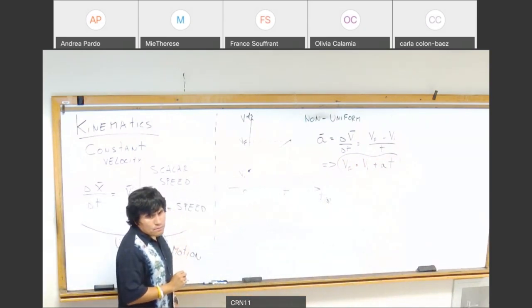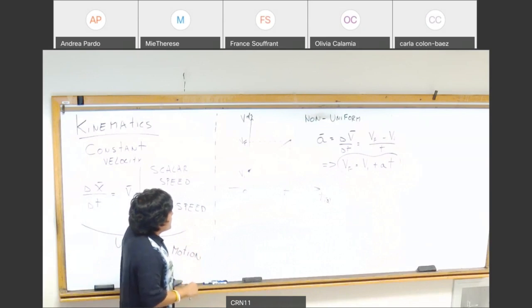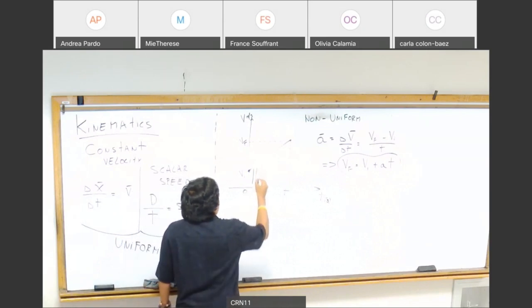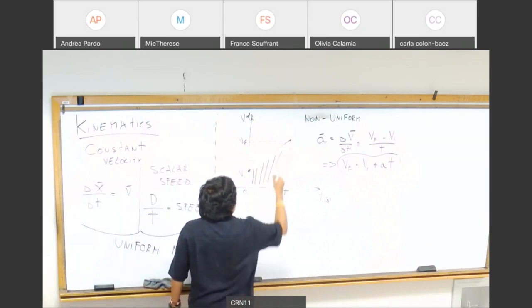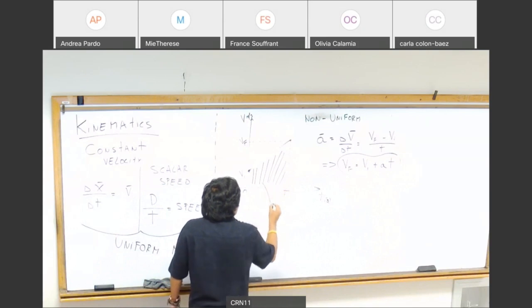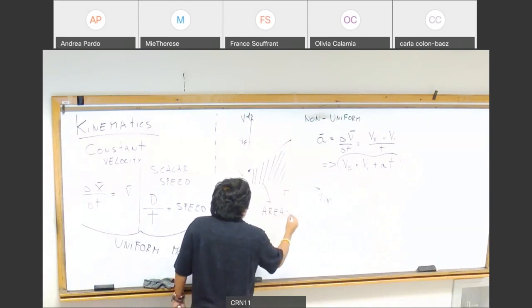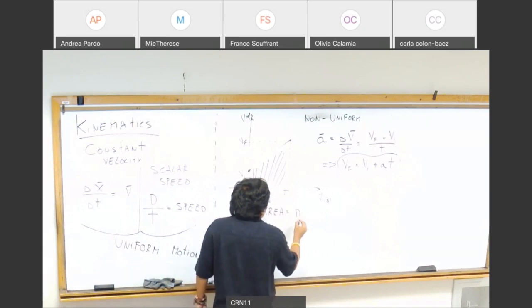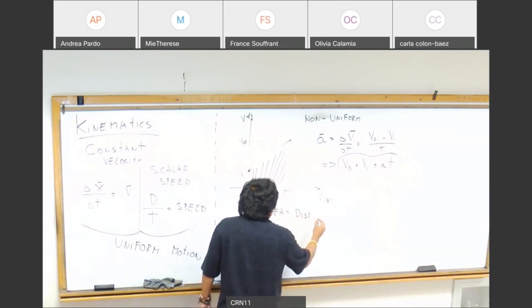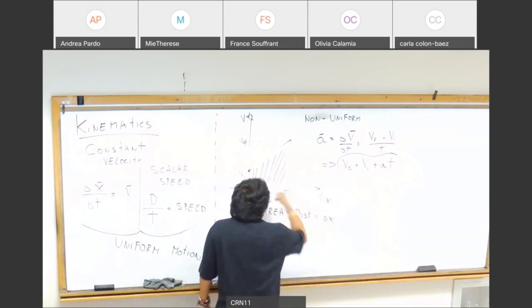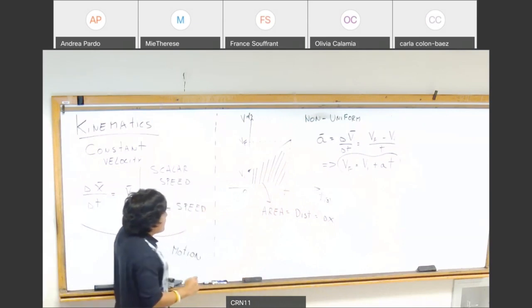We did that in the slides, right? We know that the area gives you the distance, also in this case the displacement. They are the same in this case.